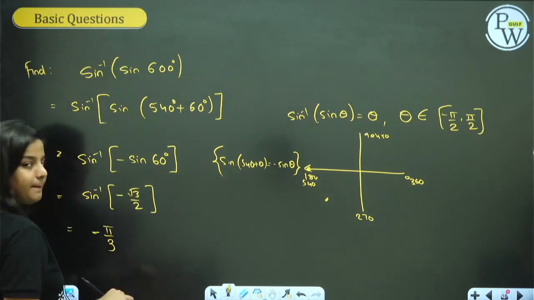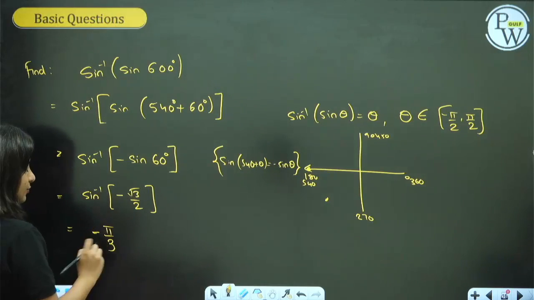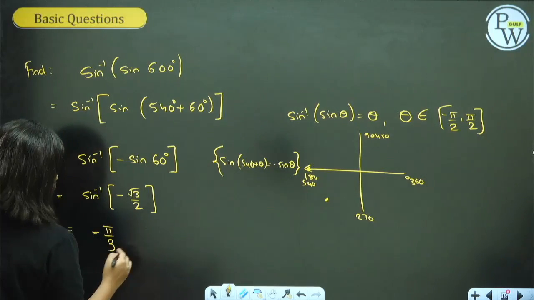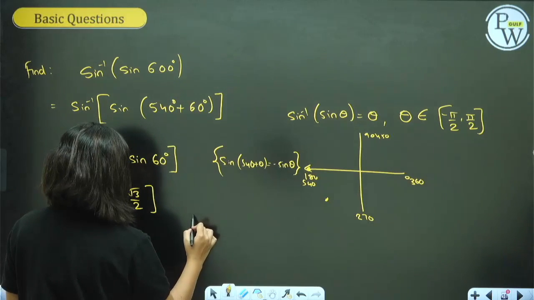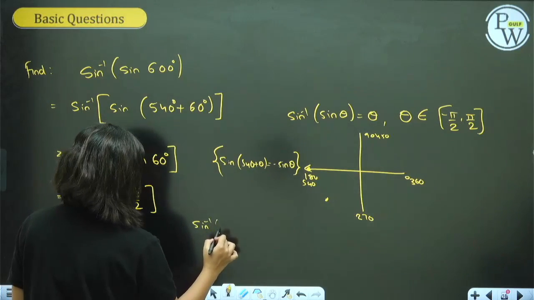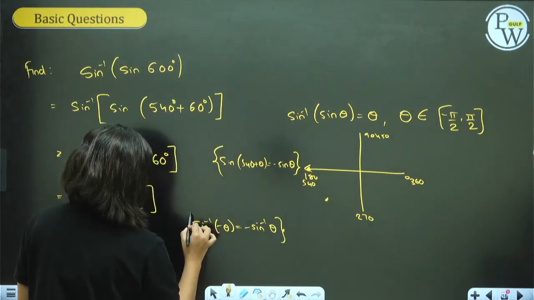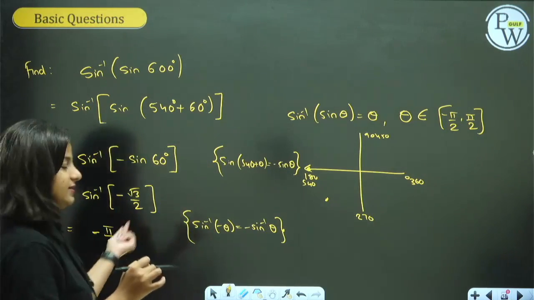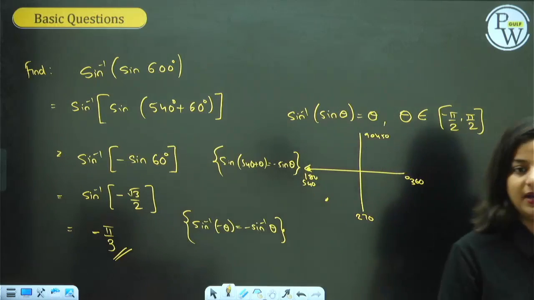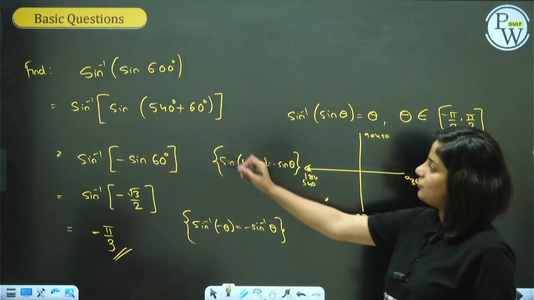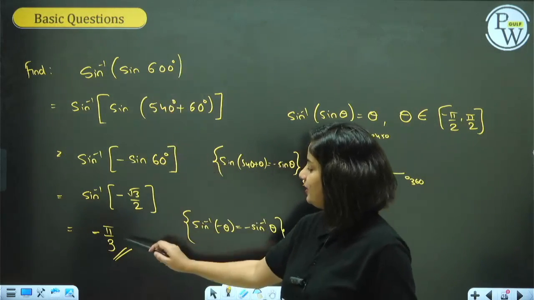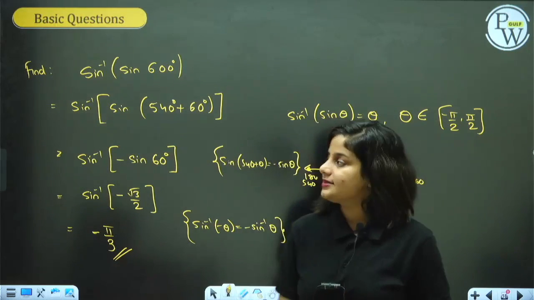The minus comes out and sine inverse of root 3 by 2 is pi by 3. What is the property we have used? P2. Sine inverse of minus theta is minus sine inverse of theta. So minus out, sine inverse of root 3 by 2 is pi by 3. Question solved. Sine inverse of sine 600 is nothing but minus pi by 3.